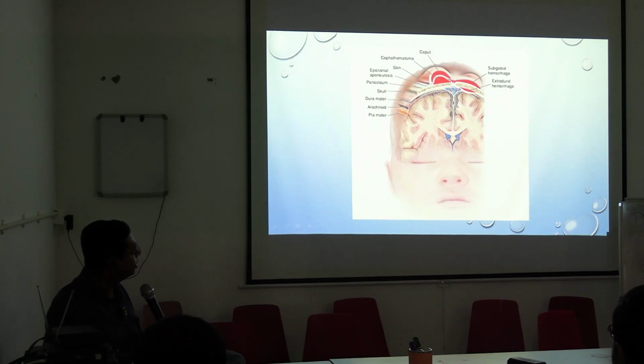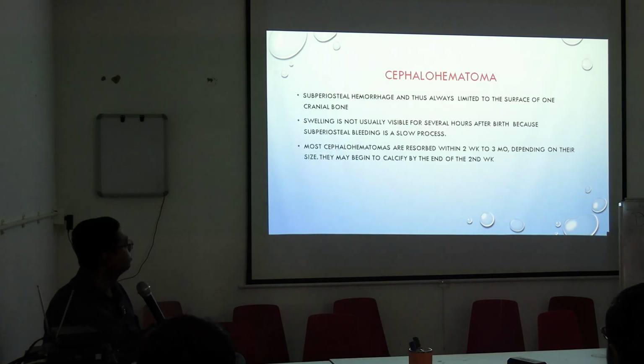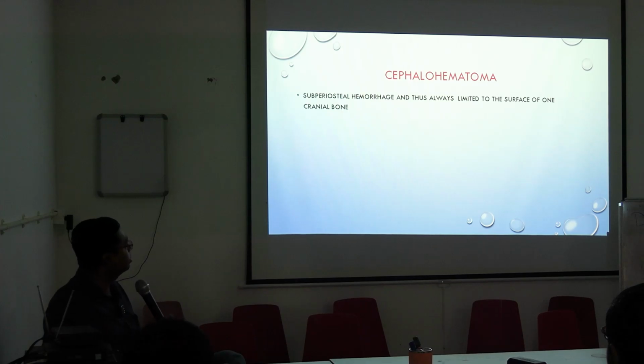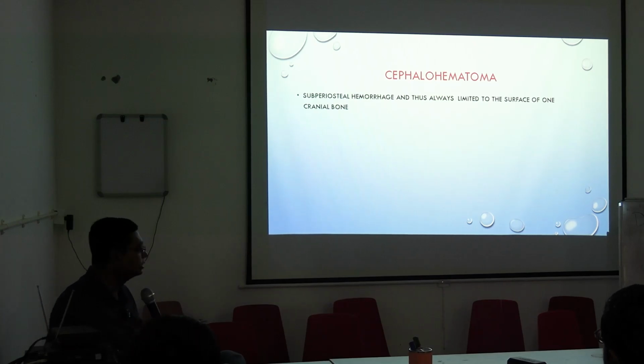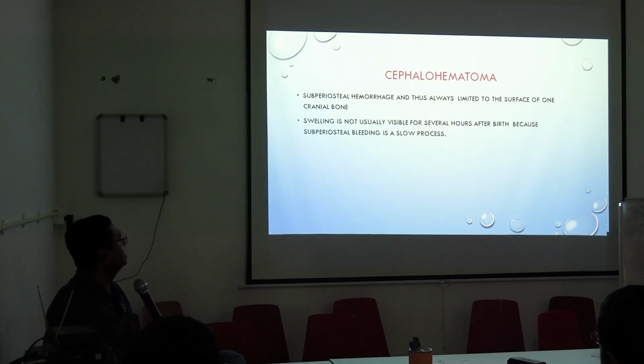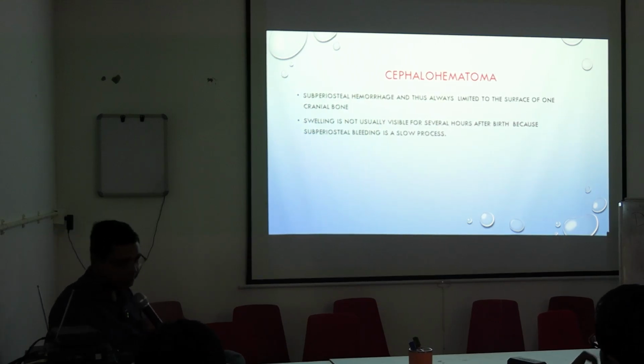Because the periosteum is confined to the parietal bone on one side, there is no connection with the other side. So Cephalhematoma is a subperiosteal hemorrhage and thus always limited to the surface of one cranial bone, and the swelling is not usually visible for several hours after birth because the subperiosteal bleeding is a slow process.